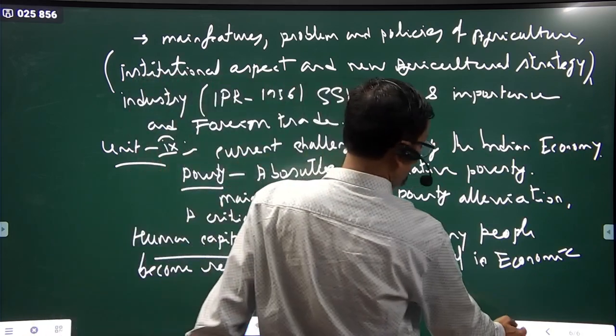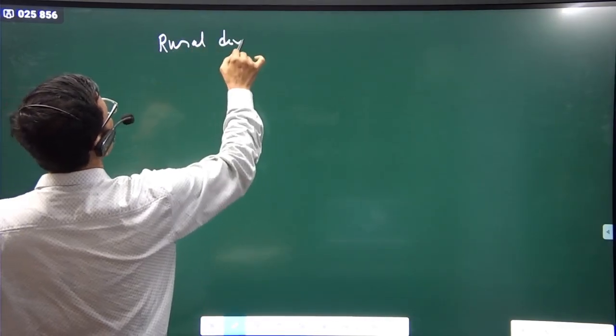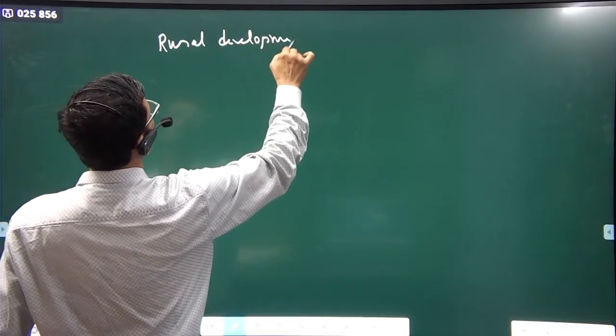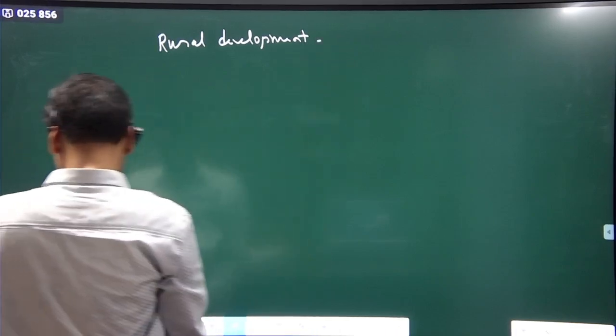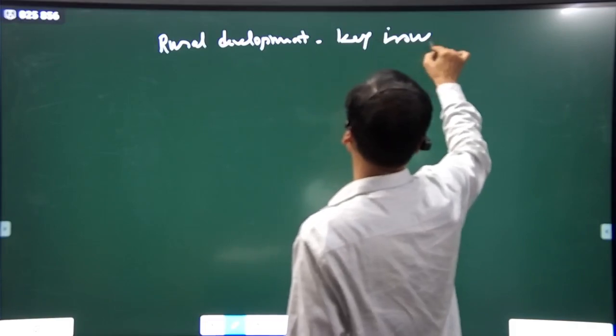So, next, rural development, key issues. What are the key issues?